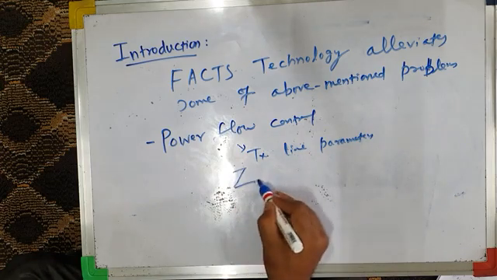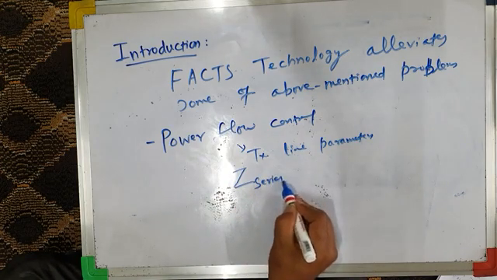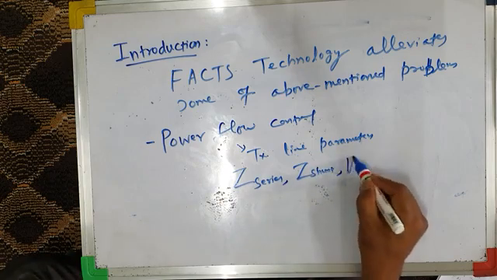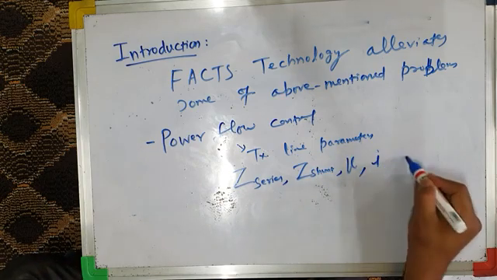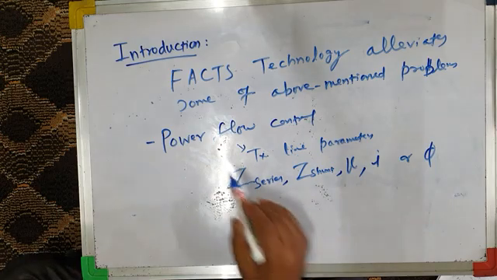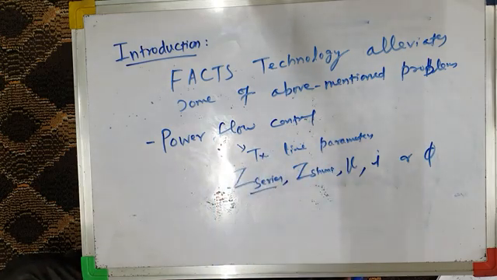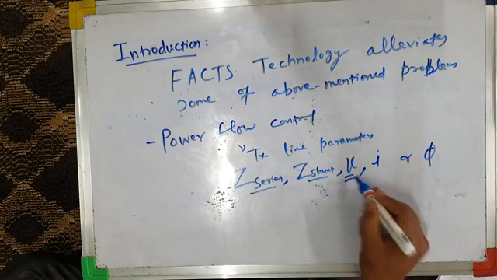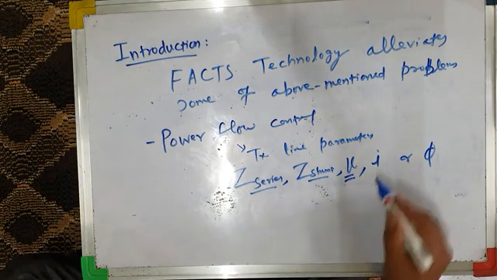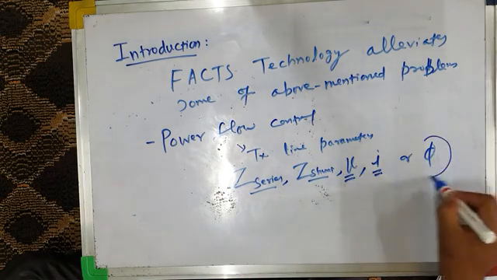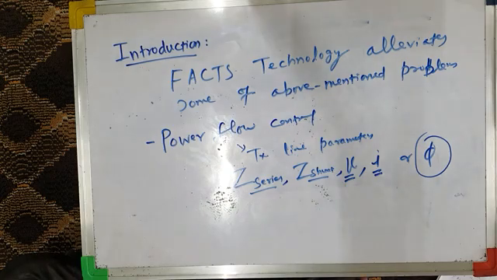Series transmission line impedance, or its shunt impedance, or its voltage or current or phase angle. With the help of FACTS devices, we can control the series impedance of the transmission line, we can control its shunt impedance, we can inject voltage or current into the transmission line, or we can control the phase angle of a transmission network.